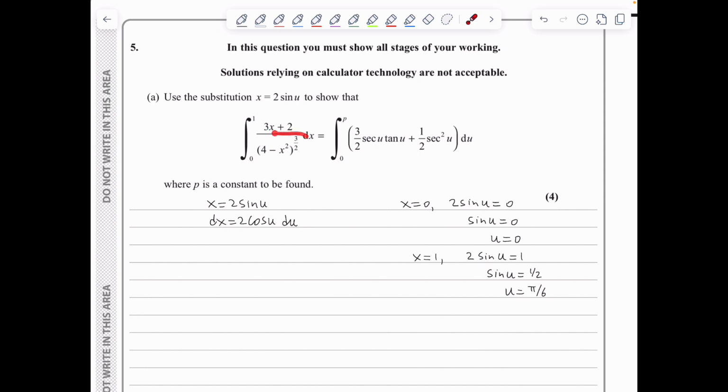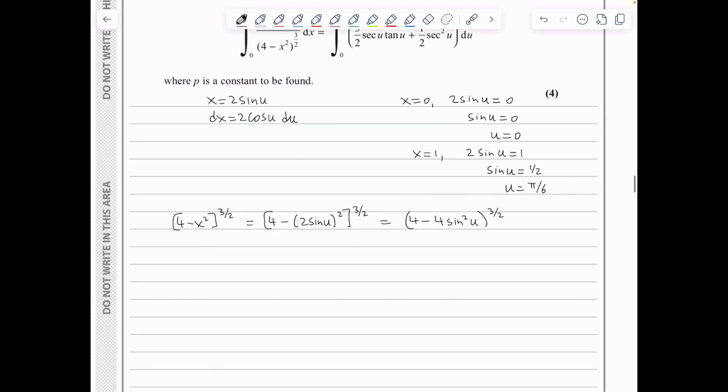I will next consider the (4 minus x squared) raised to the power of 3/2, and I would like to express that in terms of u. So (4 minus x squared) to the power of 3/2 is equal to (4 minus (2 sine u) squared) raised to the power of 3/2. So we're looking at (4 minus 4 sine squared u) raised to the power of 3/2. I will take out a factor of 4.